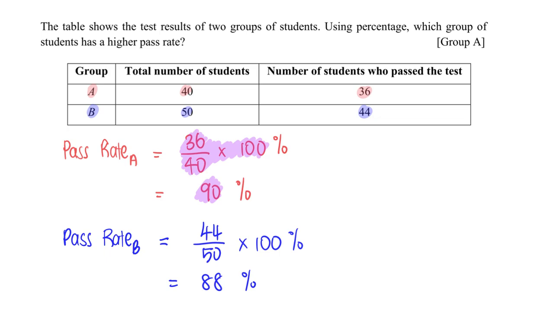Again, I just need to find the value here. So from here we can easily see that group A has the higher pass rate.